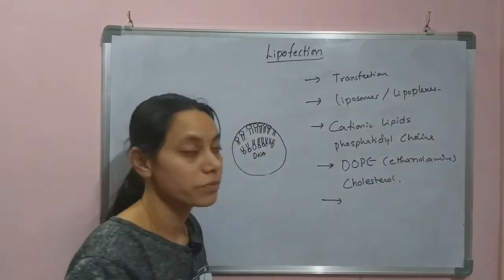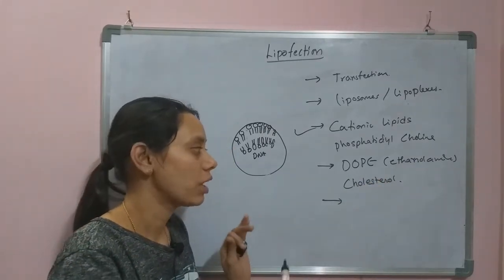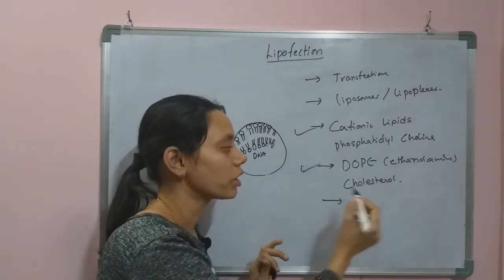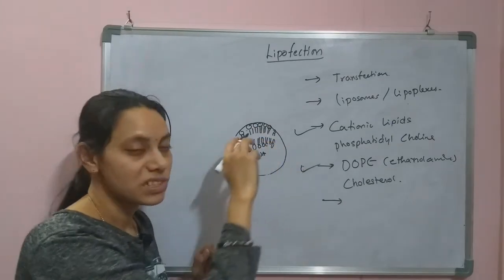So majorly it is made up of these cationic lipids like phosphatidylcholine, and some helper lipids such as ethanolamine and cholesterol will also be incorporated inside this vesicle structure.